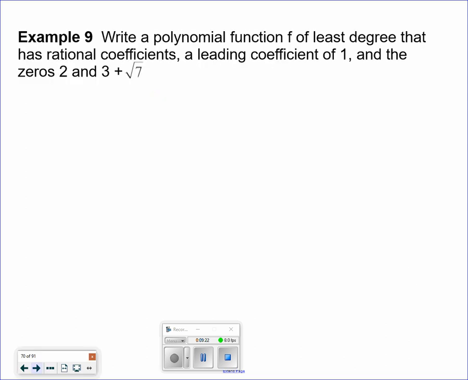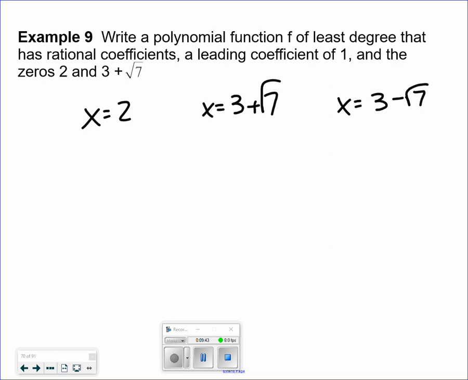Well, that's going to lead us into this. I'm going to give you the answers, and I'm going to ask for the question. We did this earlier. So x is equal to 2, and x is equal to 3 plus the square root of 7. What they're not telling you is that x must also equal 3 minus the square root of 7 because of the irrational conjugate.